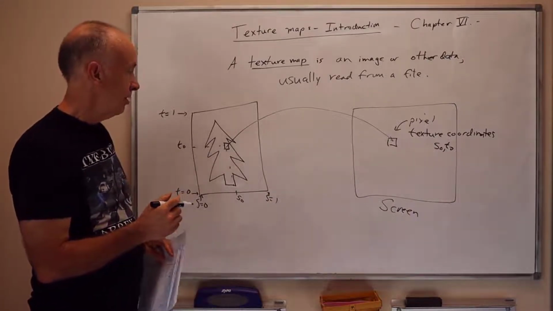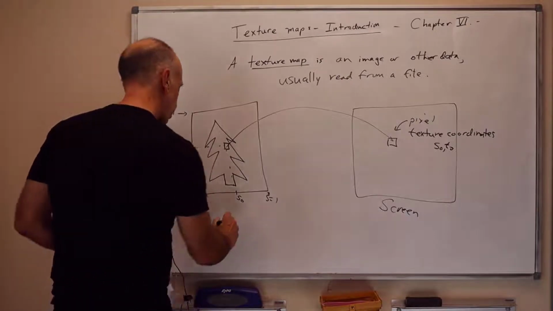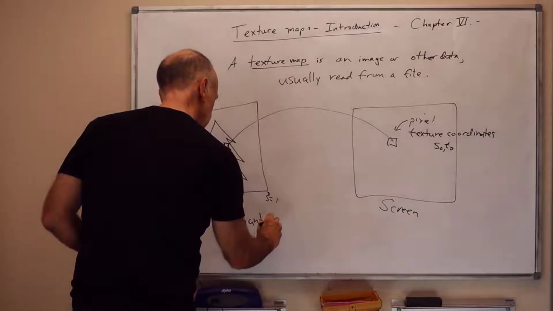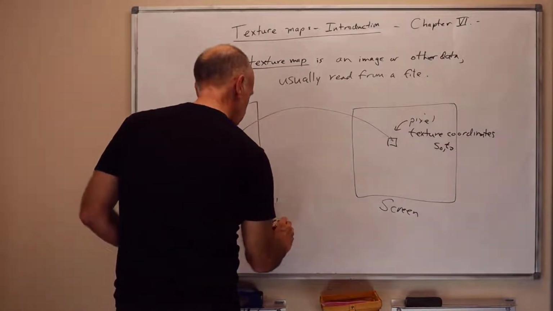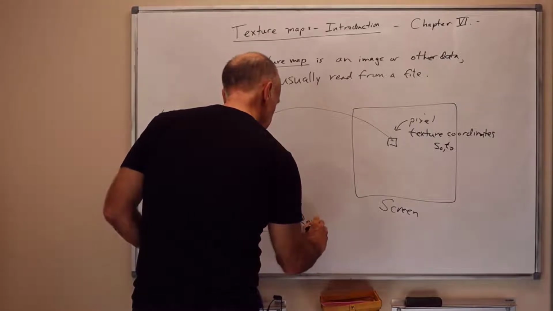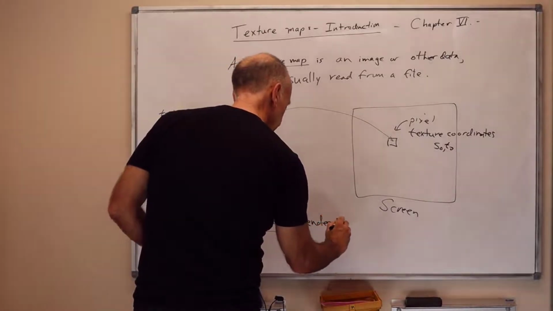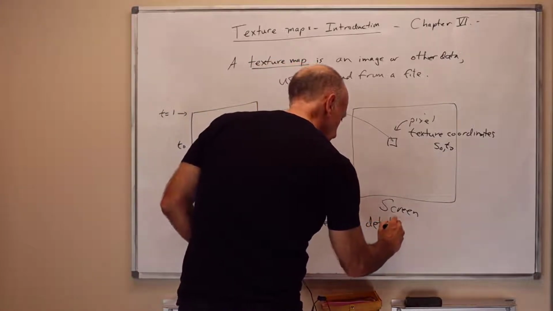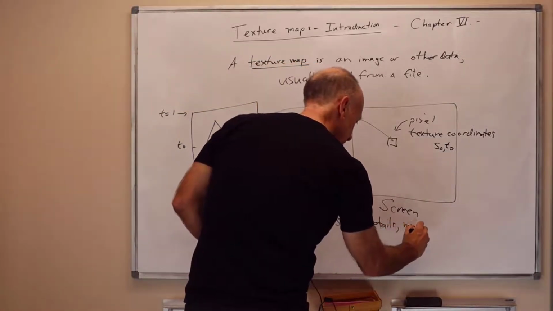So there are a lot of advantages to this. One, as already mentioned, is you can render small detail. It makes it possible to render small detail much smaller than the size of a triangle.